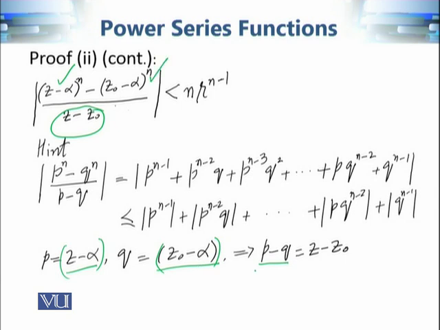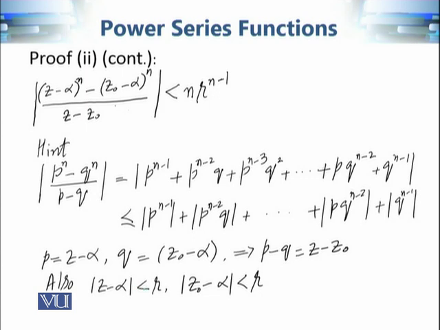Since modulus of z minus alpha is less than r, and modulus of z naught minus alpha is less than r, each and every term, so this term, is less than r raised to power n minus 1.